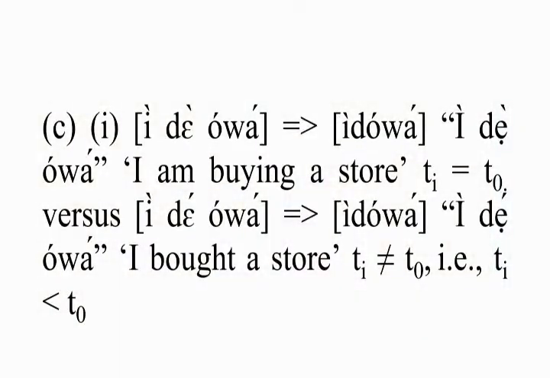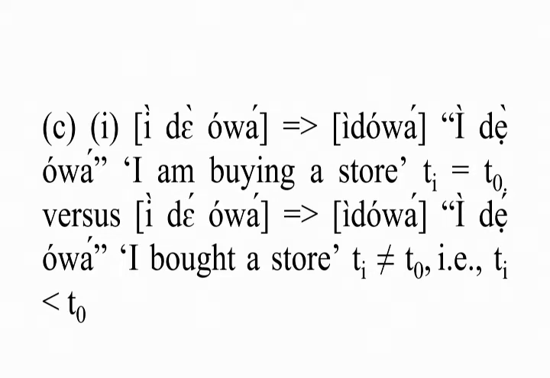It is in the underlying form that you will see where the low tone is on the verb in the continuous tense, whereas the high tone on the same verb in the past tense.